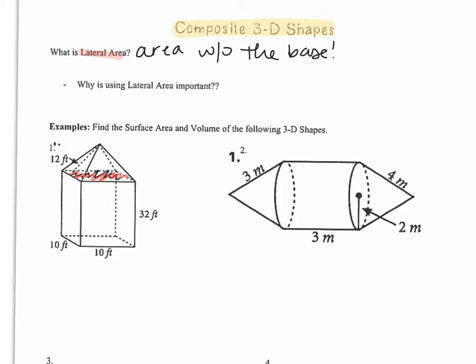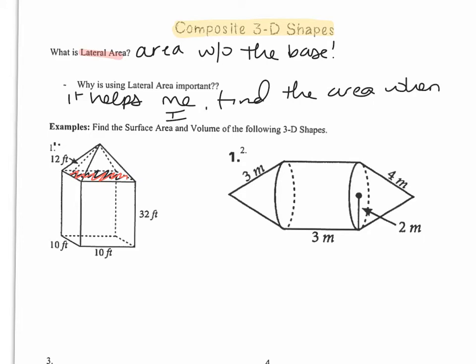I just want to find the area of the sides, the lateral faces. So why is it important? It helps me find the area when I don't need the base.